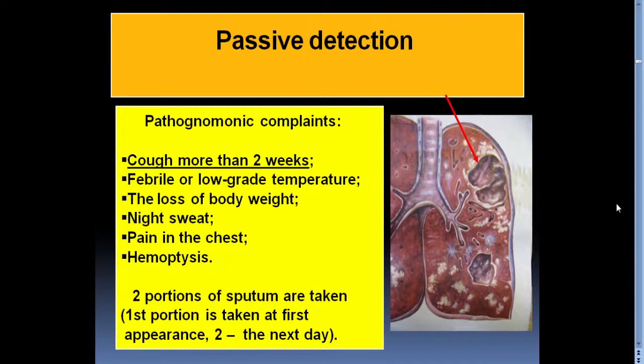In these cases, we should take 2 portions of sputum. The first portion is taken at first appearance, the second portion the next day, 2 times. Patient passes sputum analysis.